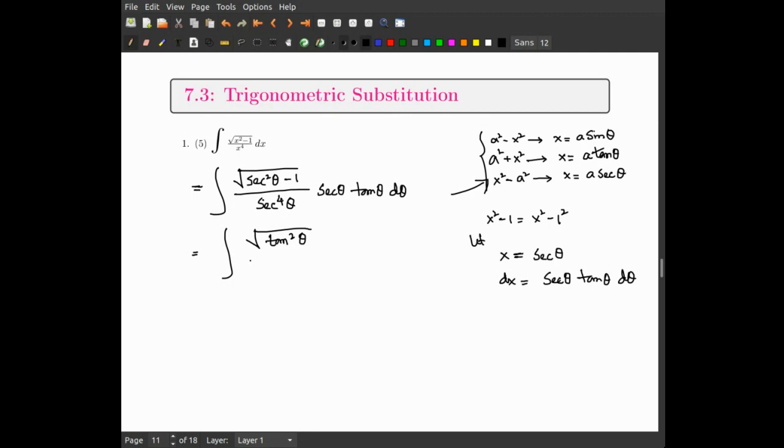And of 1 secant and secant to the power 4 theta, 1 secant is cancelled, leaving secant cube theta and 1 tan theta outside still. And then finally, square root of tan squared theta is tan theta. That is outside the tan theta, so that would be tan squared theta divided by secant cube theta d theta. Now I think this problem looks simpler.